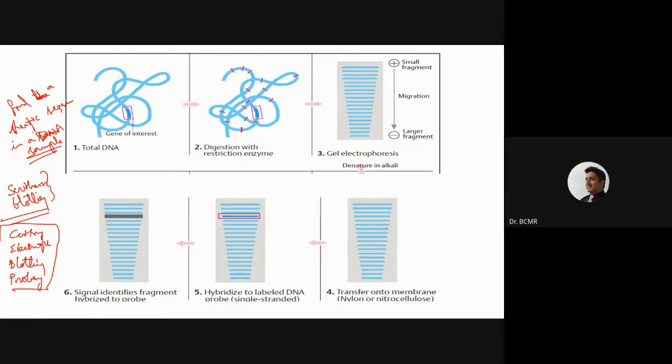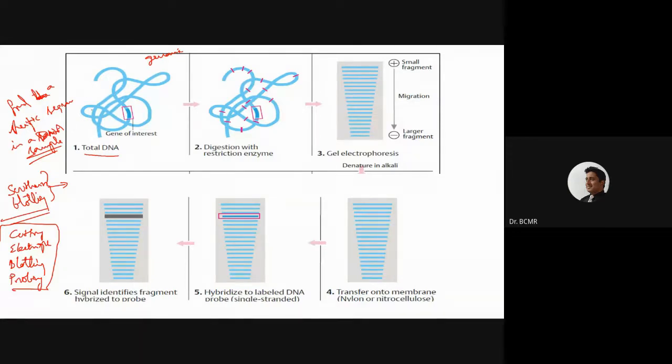Okay, I will repeat it. The objective of Southern blotting is to know if there is a certain sequence present within the given DNA sample or not. Usually you will isolate the total DNA, which would mostly include the genomic DNA, and assume that you want to find out if there is a particular gene in that DNA or not.